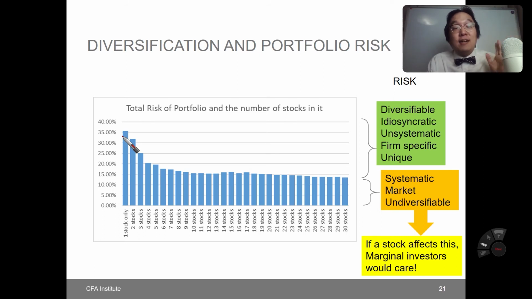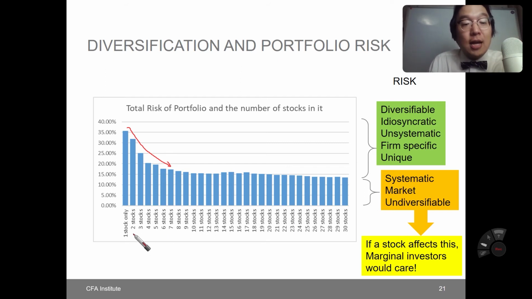The key idea is not that magnitude itself, but the decrease in total risk of the portfolio as I increase the number of stocks held in it.